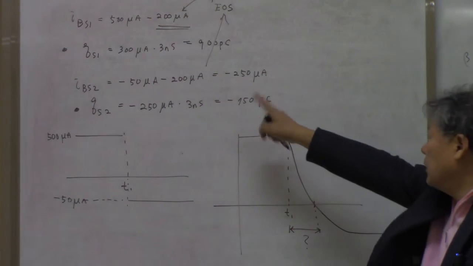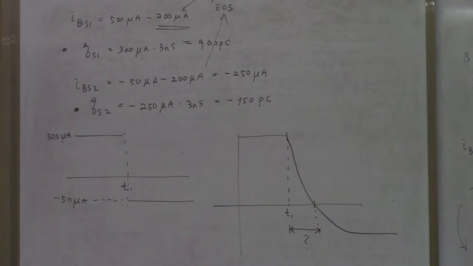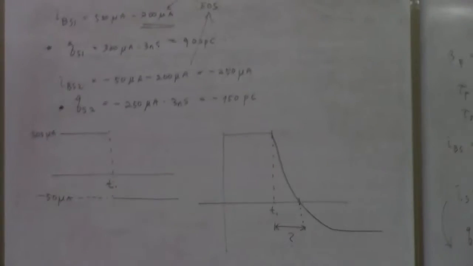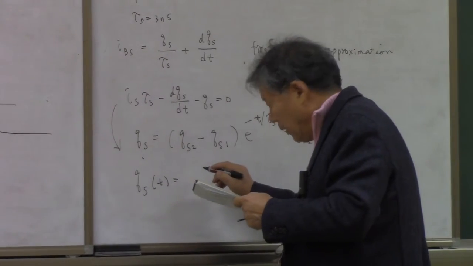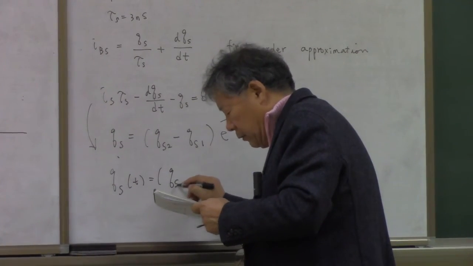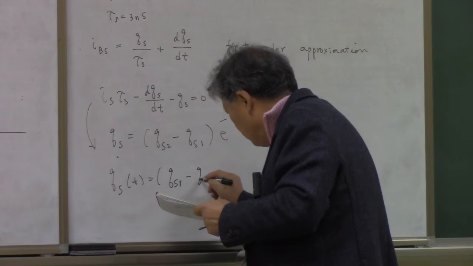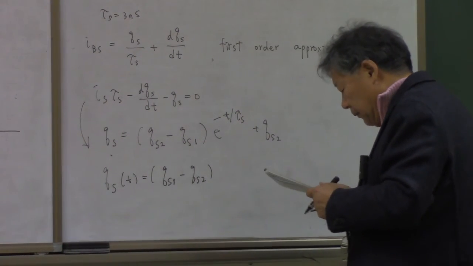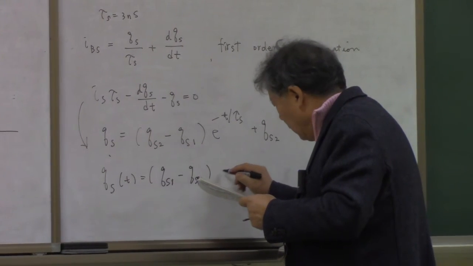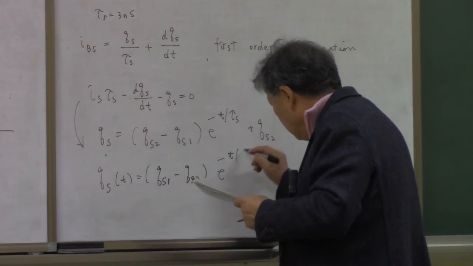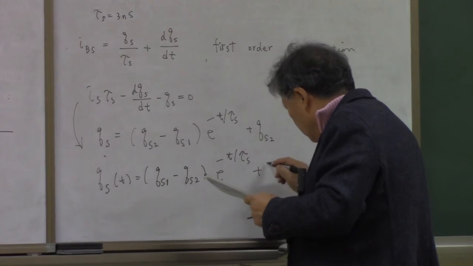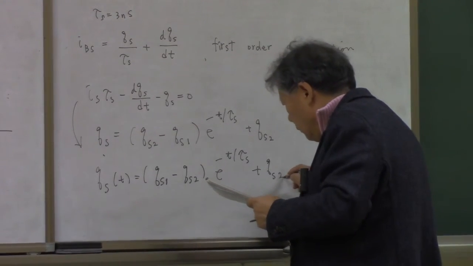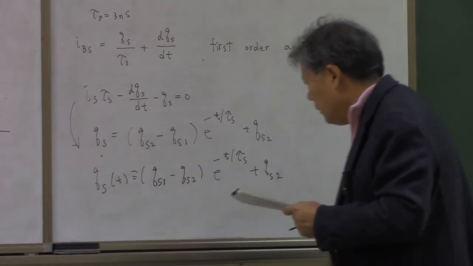Then we plug these QS1 and QS2 numbers into this equation. Then we have a solution for the QS as QS1 minus QS2 times e to the minus t over tau s plus QS2, let's say.